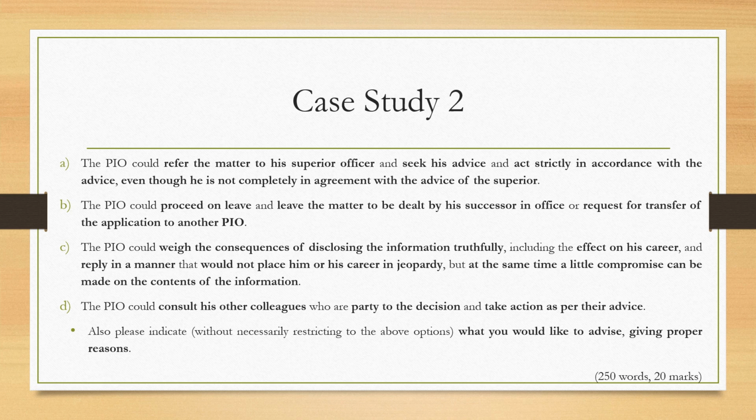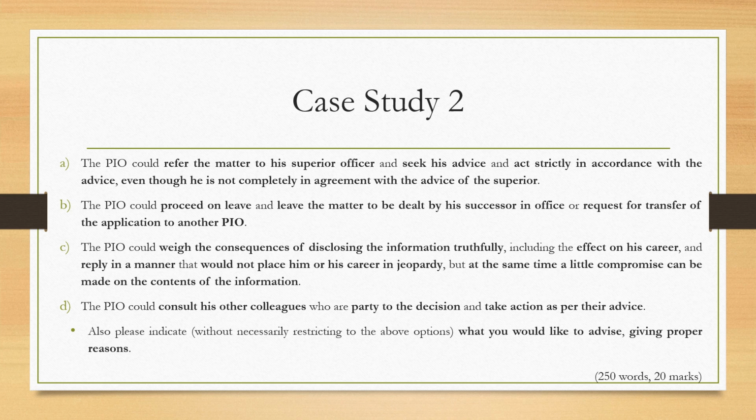Finally, the fourth option is the PIO could consult his other colleagues who are party to the decision and take action as per their advice. So in the fourth option, the PIO is basically doing what his other colleagues involved in the decision are telling him to do, right? So finally, also please indicate without necessarily restricting to the above options.